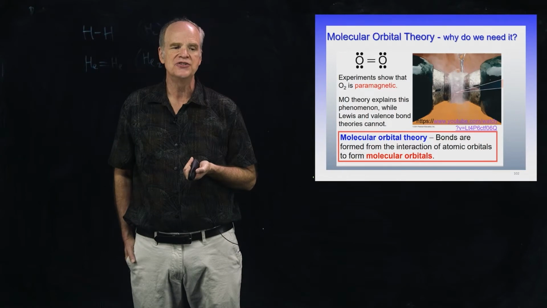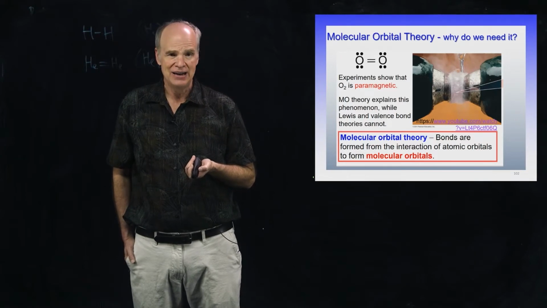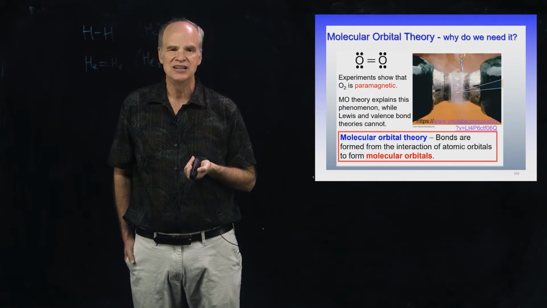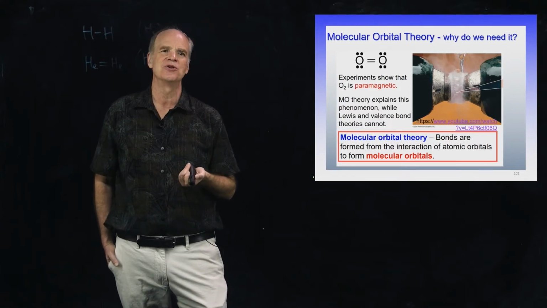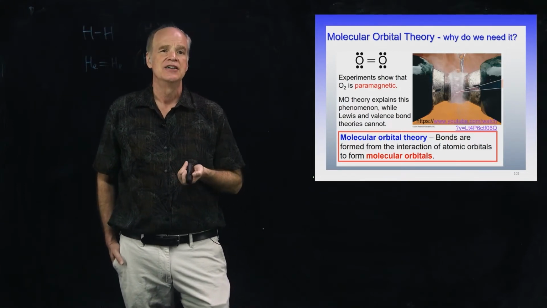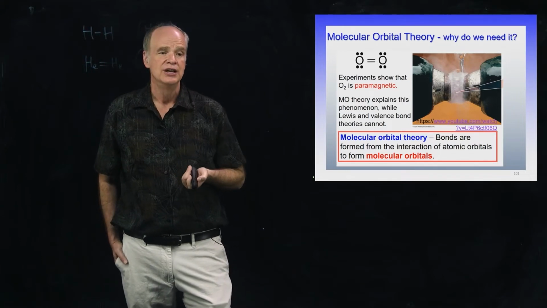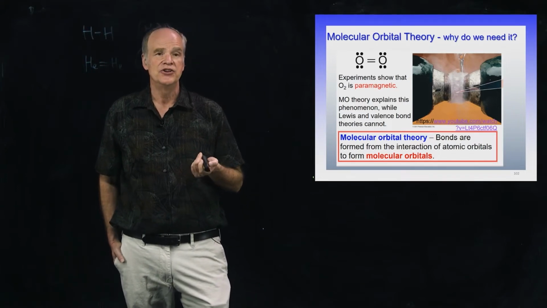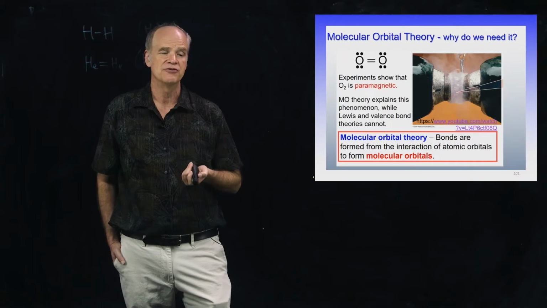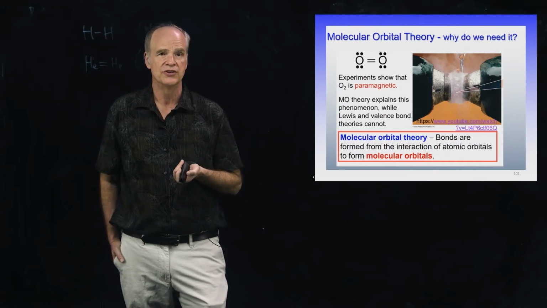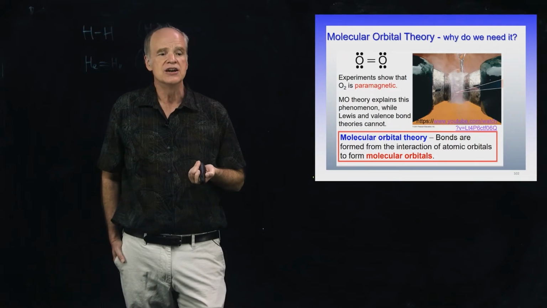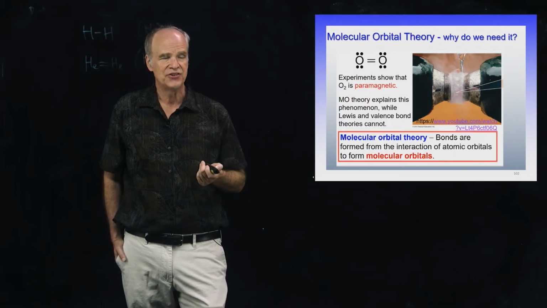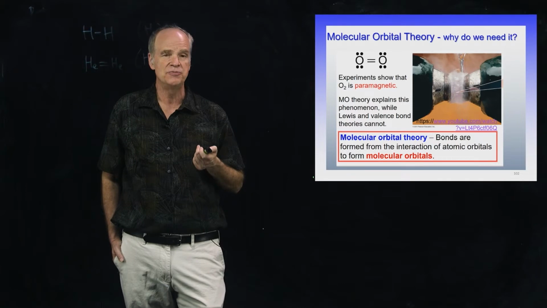You can see that the oxygen is not traveling cleanly through between the poles. It's being stuck between the poles of the magnet because the molecule is paramagnetic, meaning it is attracted to a strong magnetic field, to the north and south poles of the magnet. So we can see that, yes, oxygen is paramagnetic.